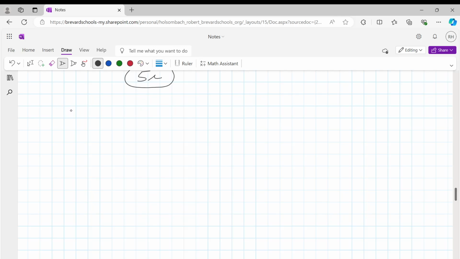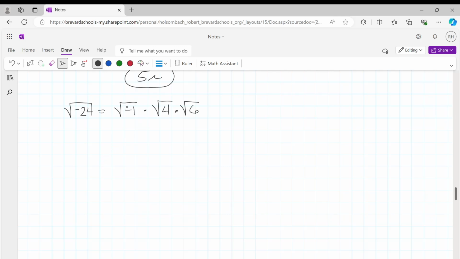Let's do one more here. Square root of negative 24. That would be equal to the square root of negative 1 times the square root of 24. Largest perfect square that goes into 24 evenly, that would be the square root of 4 times the square root of 6.